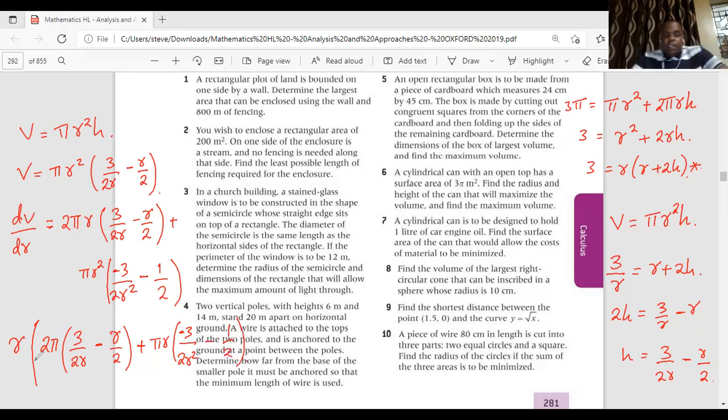I just factored out the r, and then we are equating this to 0. Again, we can divide everything by pi.